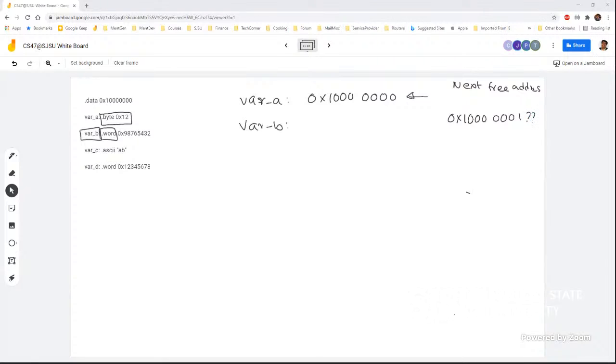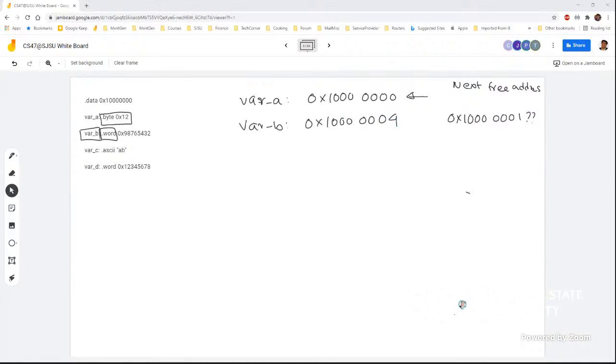The next free address is 10000001, but it is not divisible by 4, so var B cannot use it as a starting address. So it has to start from an address which is divisible by 4 by the alignment rule. And the next free address which is divisible by 4 is 10000004. So that's going to be your next address.